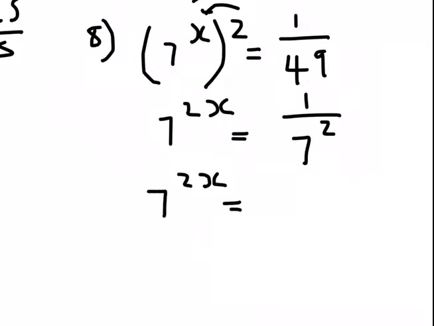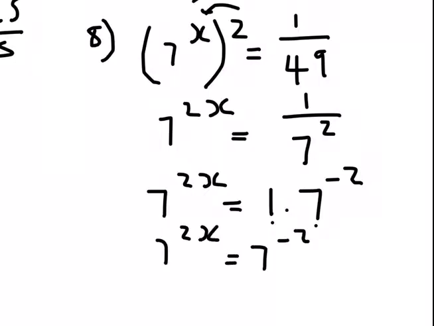I have to rewrite this as that invisible 1 multiplying 7 to the exponent of that, just like I did with example number 6. So the bases now should be the same, because this one multiplying by that doesn't change that, it just remains as 7 to the negative 2. Now the bases fall away. You can equate the exponents.